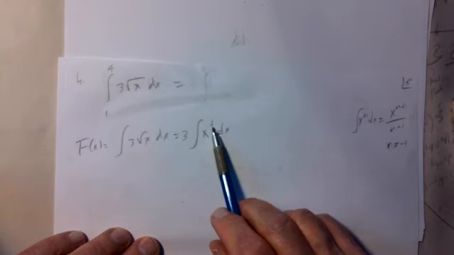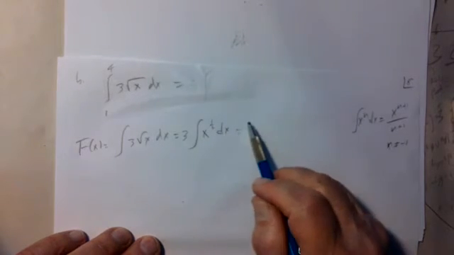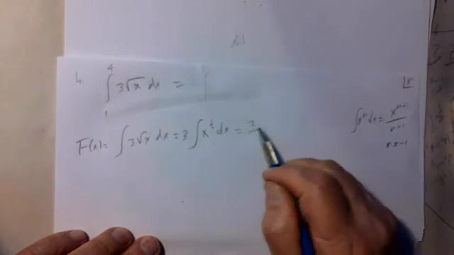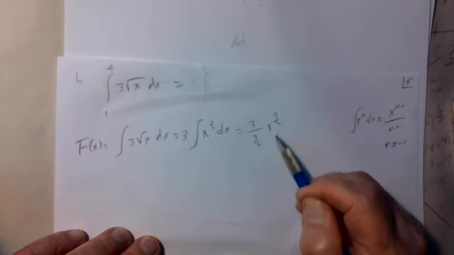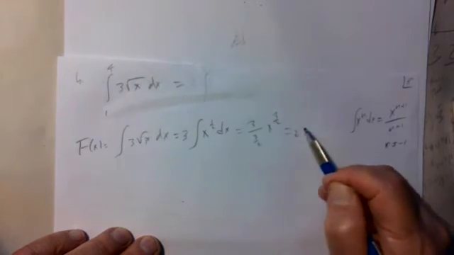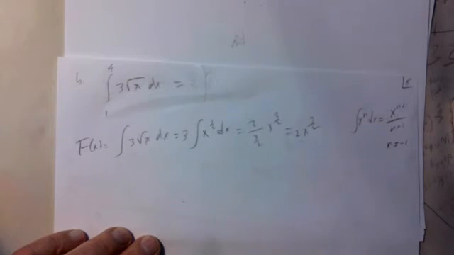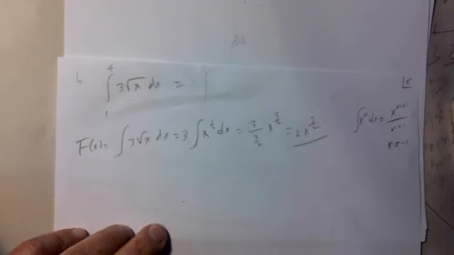So here, the exponent is 1/2. This is 3 over 1/2 plus 1, which is 3/2, times x to the 3/2. That's 2x to the 3/2. That's the antiderivative.